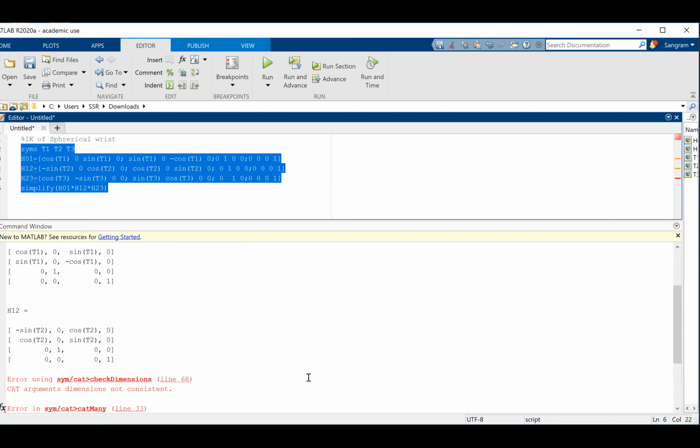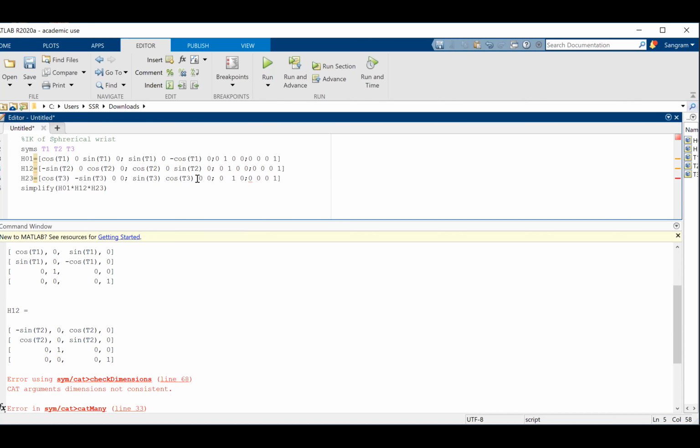Let's see, did I make a dimensional mismatch somewhere? So this has to be cosine. So H23, the first element is correct. The second element needs to have 2 zeros.